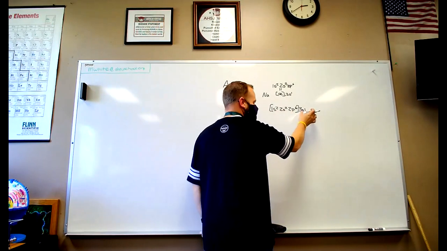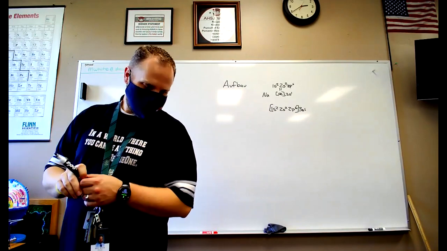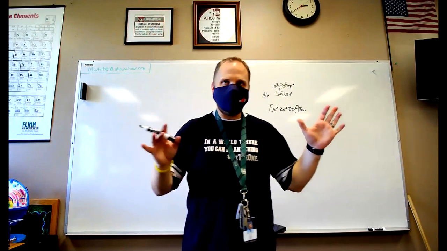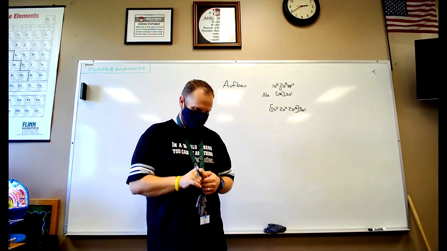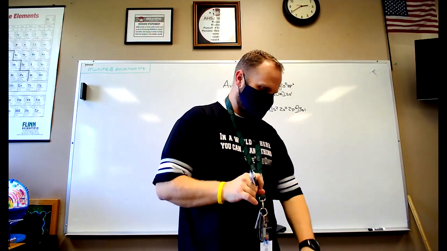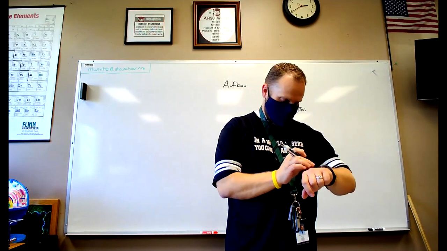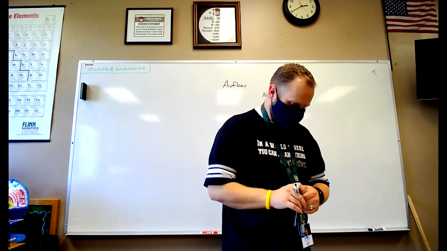So it's neon 3s1. Okay. And I know that this is kind of complicated right now. We're going to practice. Okay. We're going to do some together so that it's not overly complicated.